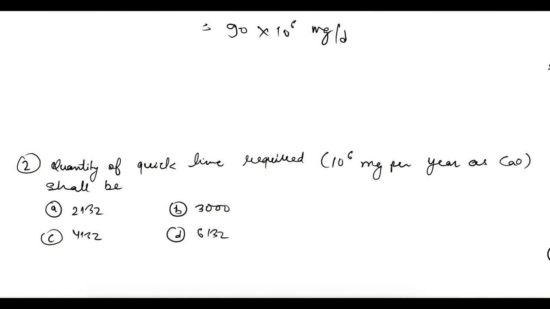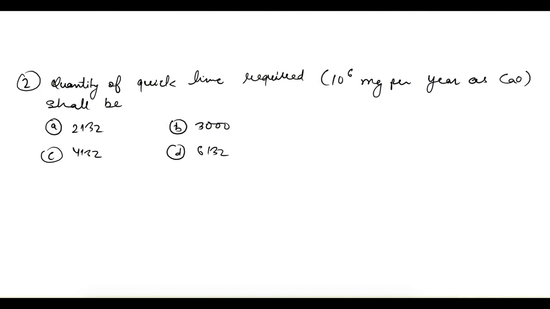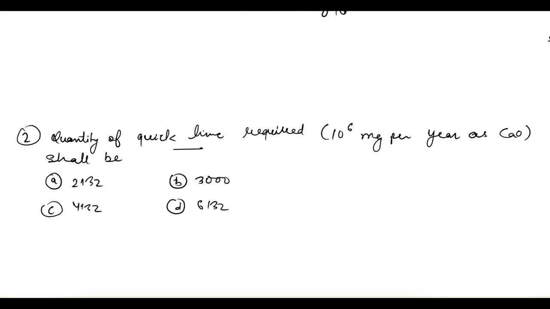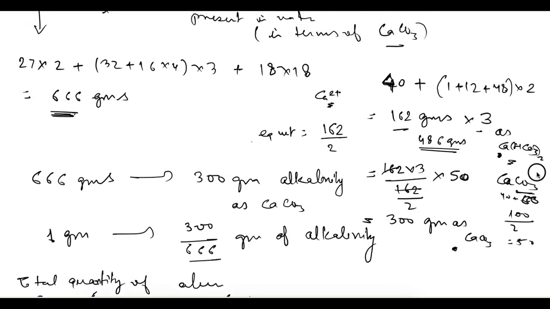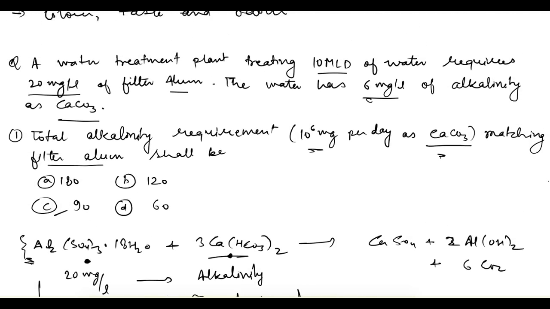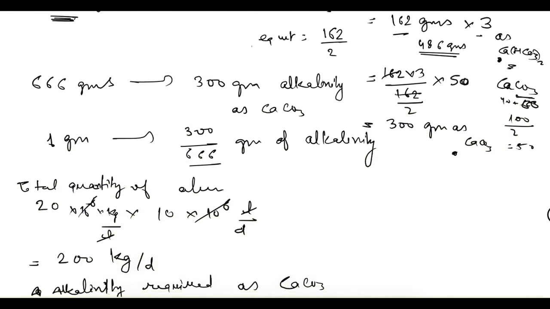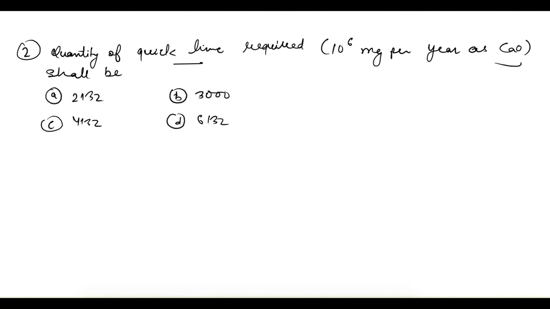Now one more question is there. We have to find out the quantity of quicklime required. Here some alkalinity is already there in the water, so first of all we have to find out how much. 10 million liters per day, that is 10 into 10 to the power 6 liters per day, into the alkalinity concentration of 6 milligrams per liter, that is 6 into 10 to the power minus 6 kilogram per liter.